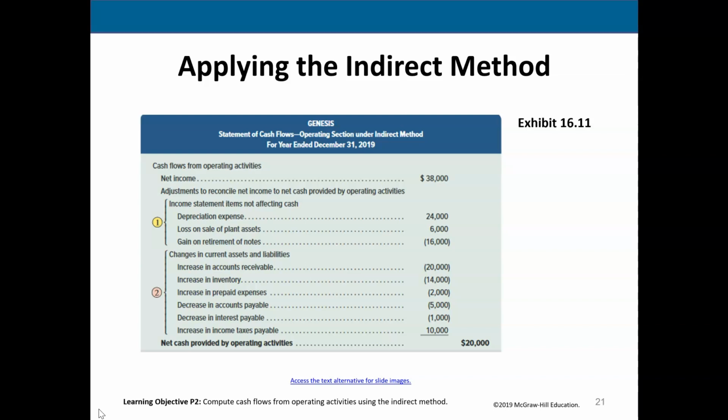No money has changed hands yet you've recorded your sale. Now, remember, we are taking net income and reconciling it to cash. Well, sales is part of your net income. So when you're reconciling net income to net cash provided by operating activities, you have to back out accounts receivable because no money changed hands and it is increasing your net income by that $20,000. So you have to back that out because it wasn't a cash sale.